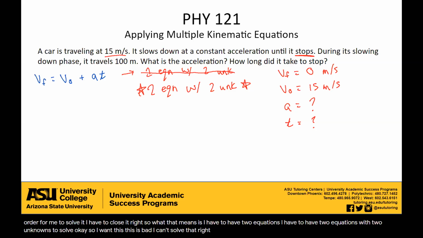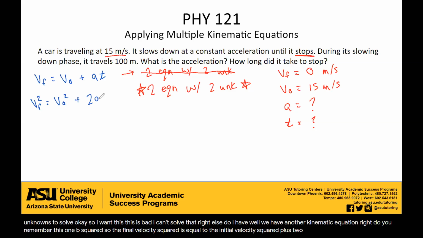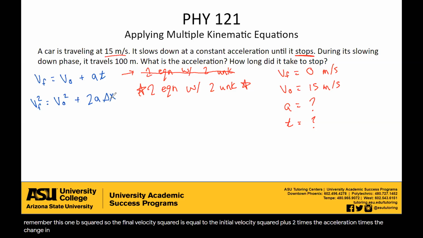Well, what else do I have? We have another kinematic equation. Do you remember this one? V squared, the final velocity squared, is equal to the initial velocity squared plus 2 times the acceleration times the change in distance, delta x. In this one, do we know the final velocity?